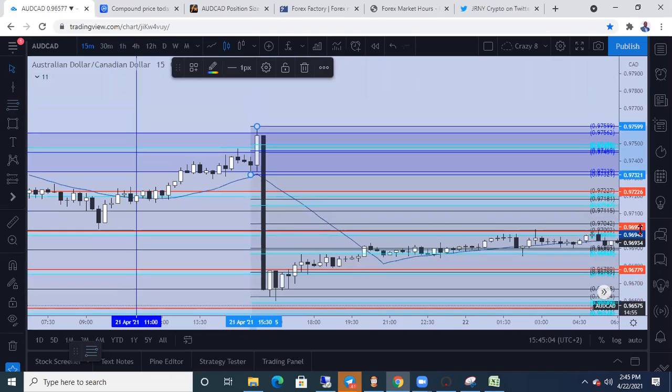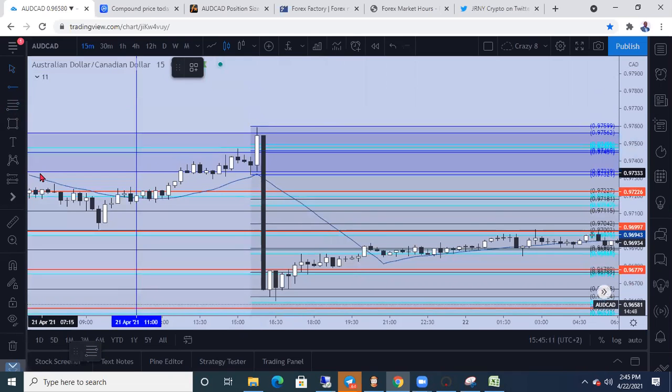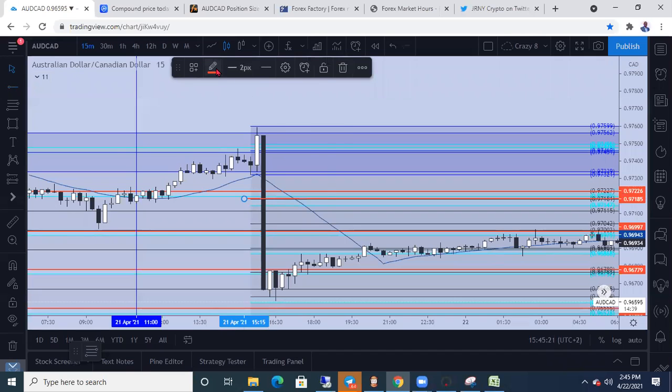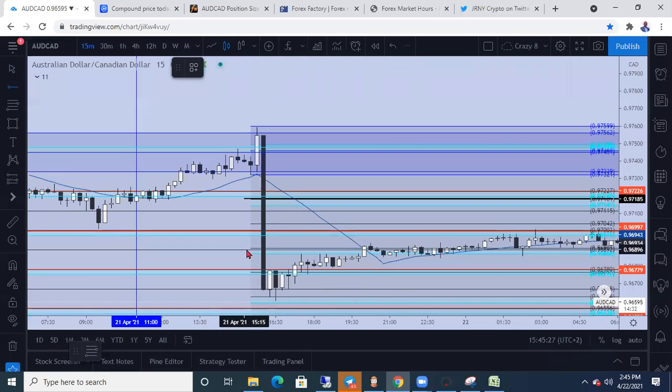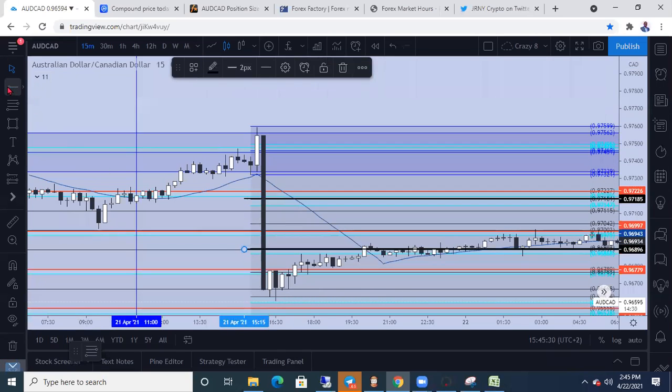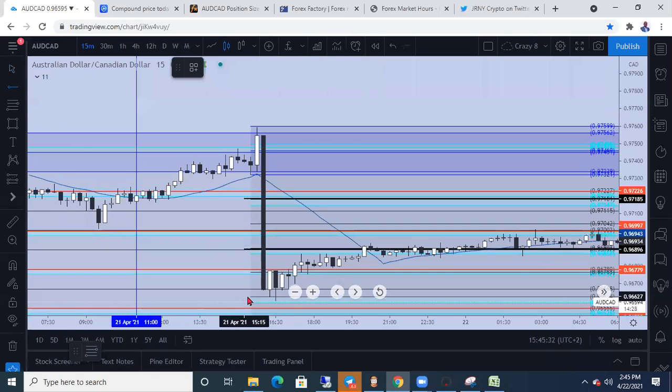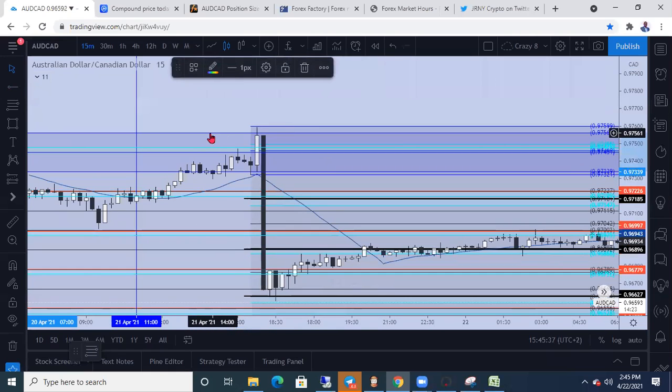Now, my 15 minutes take profits are here. My 15 minutes take profits, I'm going to use black for them. That's TP1, TP2, TP3, right? So I'll take off my H4 now.